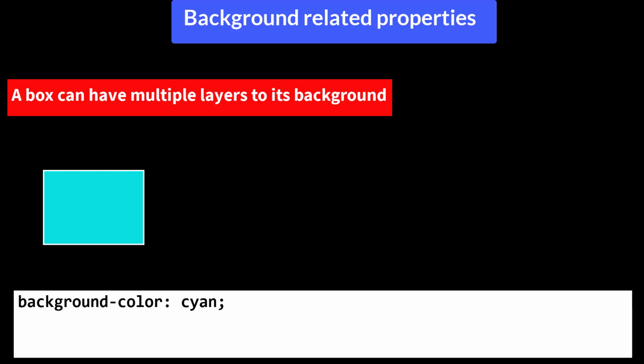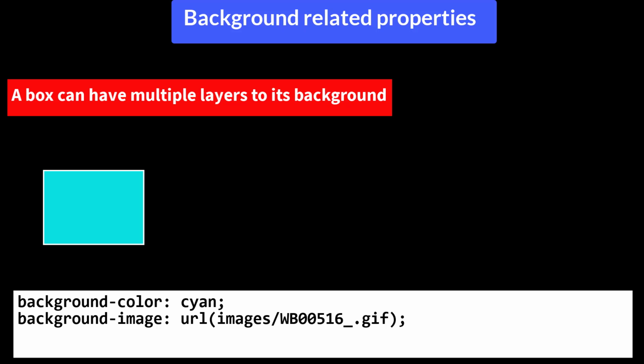The driving factor is the background-image property, which points to an image, usually using a URL. For example, background-image: url(images/wb00516_.gif). Now recall from the previous session that a background image may also be a color gradient. For this lecture, we just focus on using URLs.